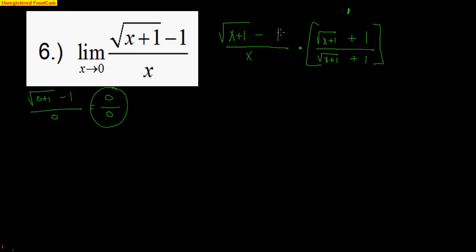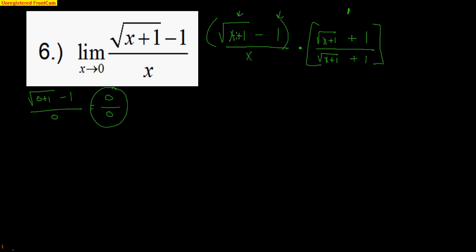So notice that I left the inside of the square root the same, I left the 1 the same, all I did was change this negative to a positive. Now since I multiplied the top and bottom by the same value, I'm not really changing anything at all, I'm just simply multiplying by 1, but what I'm going to do is get rid of the problem, and you will see how that will happen. It just takes a little bit of time.